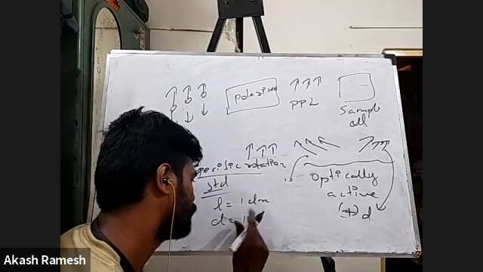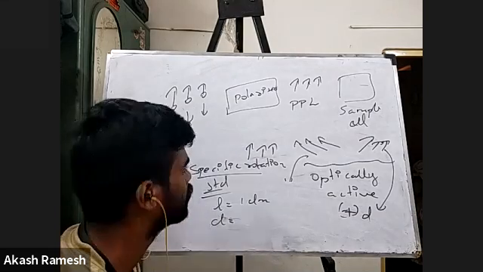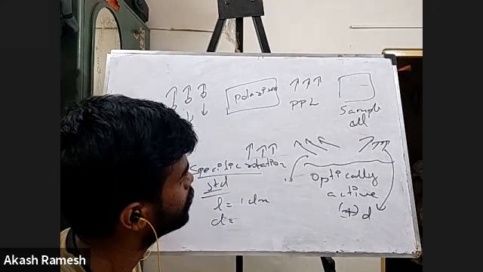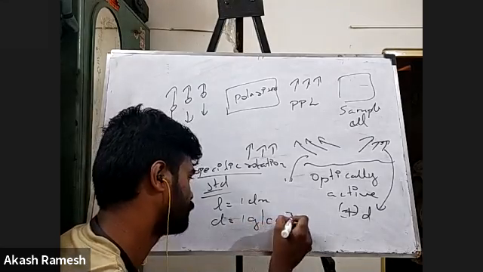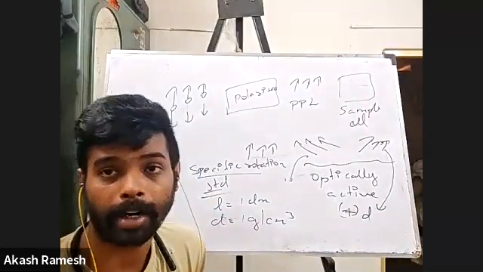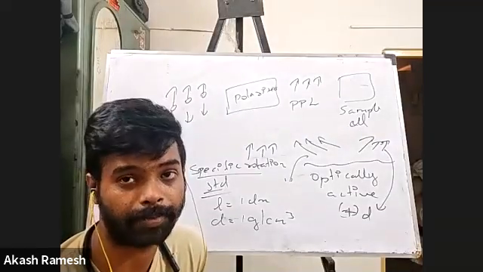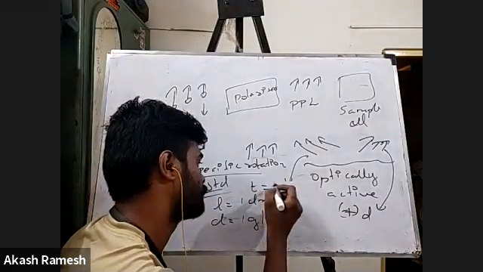So the density should be 1 gram per centimeter cube, the length of the sample cell should be 1 decimeter, and the temperature should be 25 degrees Celsius.